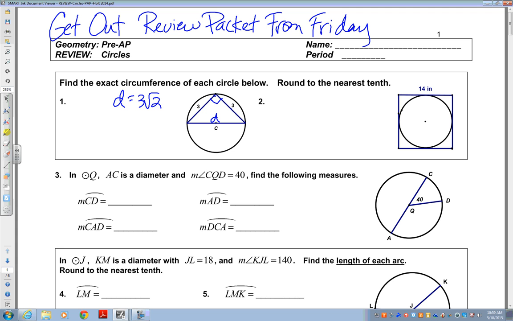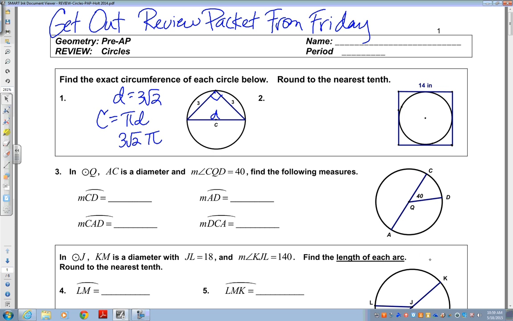A 45 is an isosceles. Alright, so circumference is just pi times the diameter. So 3 root 2 times pi. You said 6 root 2. I didn't hear the 3. You know what I'm saying.